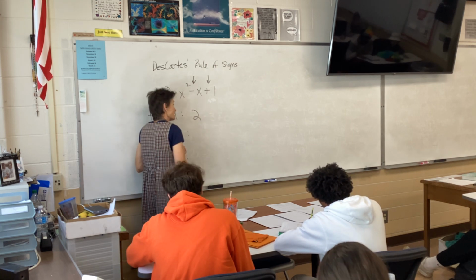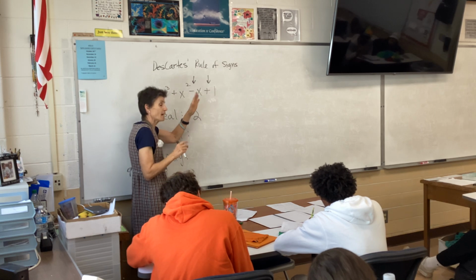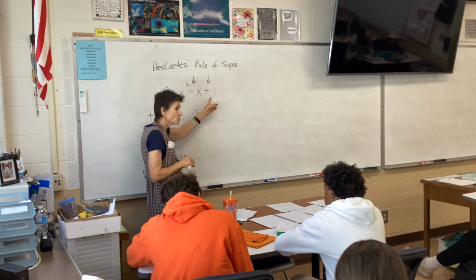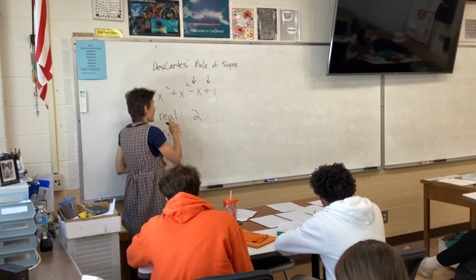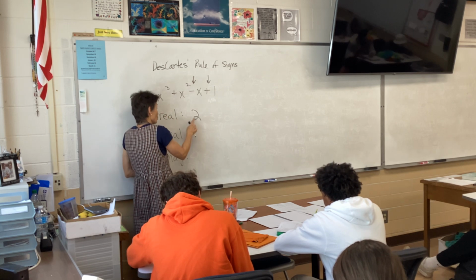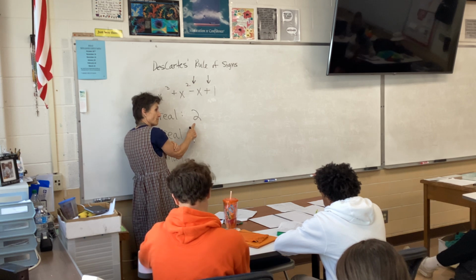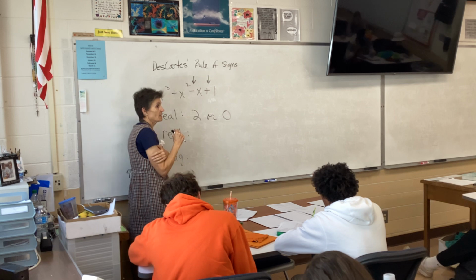This is what makes Descartes' rule hard to use, not hard to do, but hard to use. Because there were 2 sign changes in the original problem, that tells me that there could be 2 positive real roots. There could also be none.